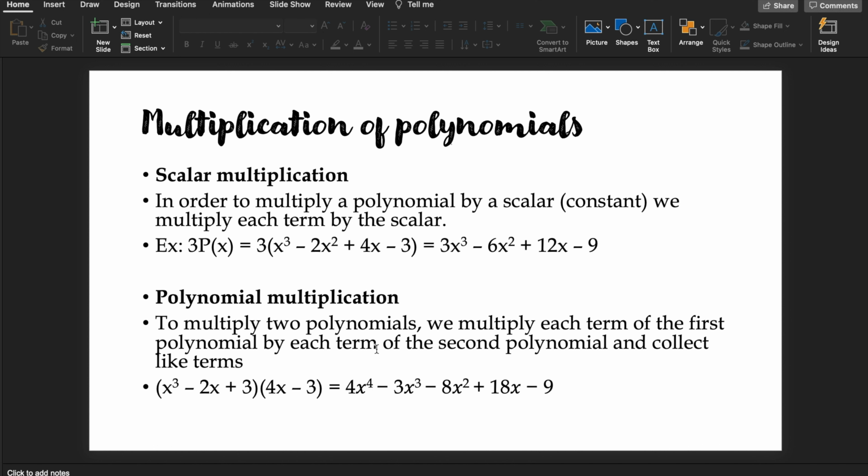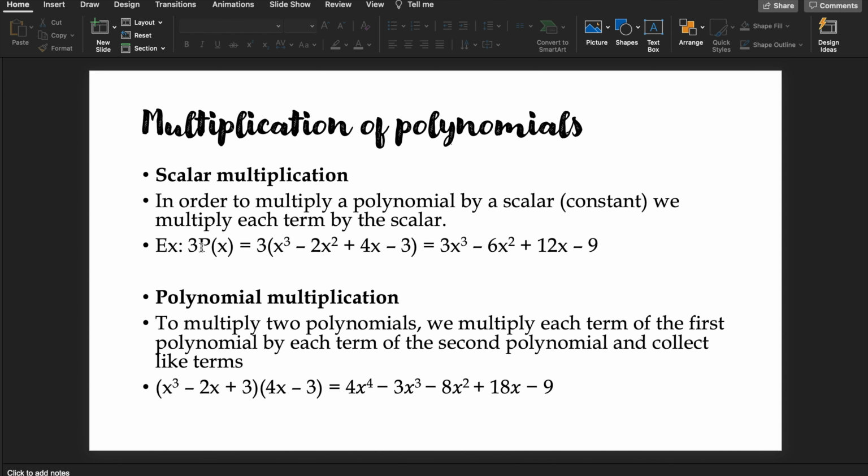Okay, so let us do the multiplication of polynomials. There are two types. Scalar multiplication, wherein you multiply a function by a constant. In order to multiply a polynomial by a scalar, which is also known as a constant, we multiply each term by the scalar value. So let's take this example.